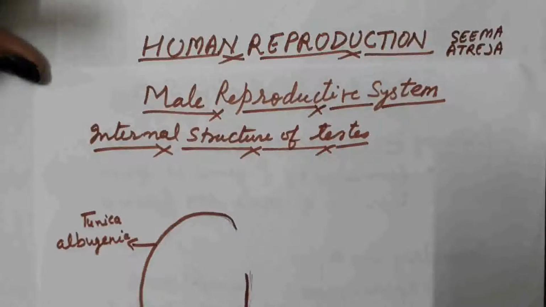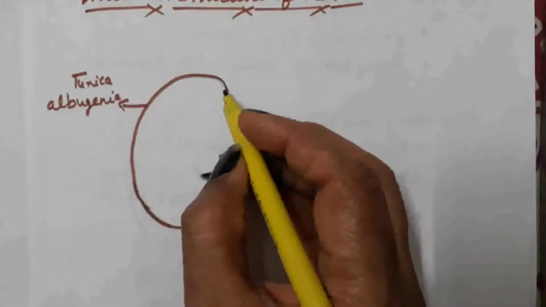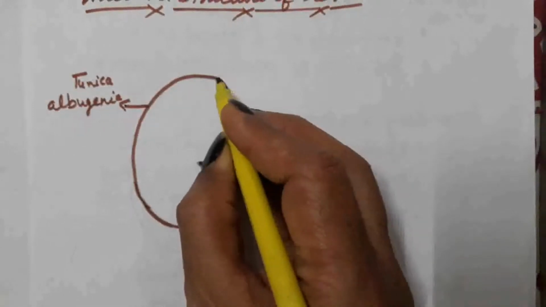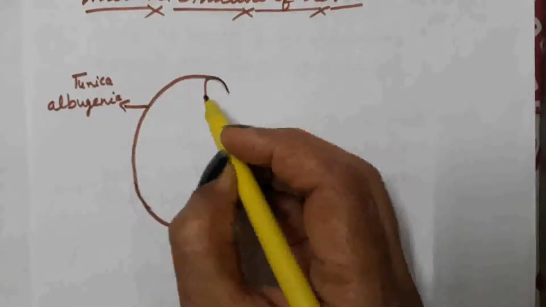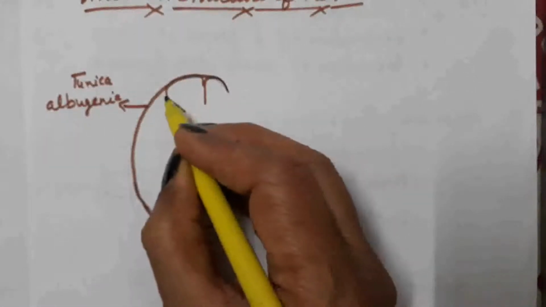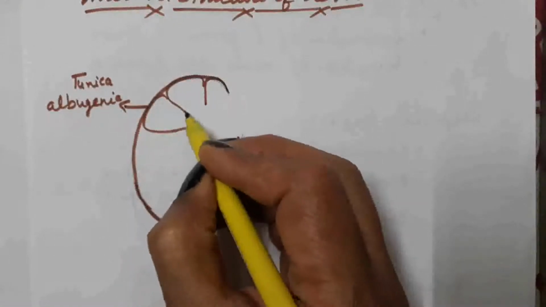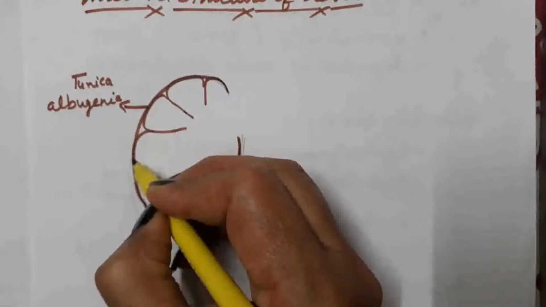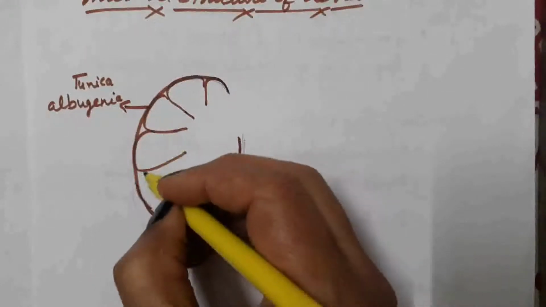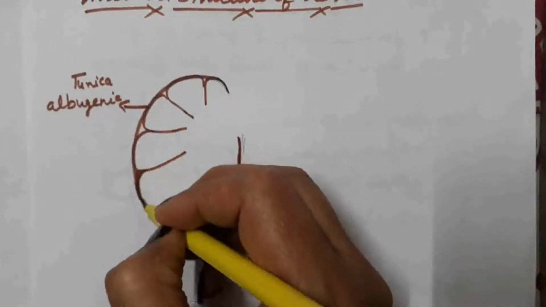This tunica albuginea invaginates and produces different compartments inside the testis. Tunica albuginea invaginates to produce the septa.